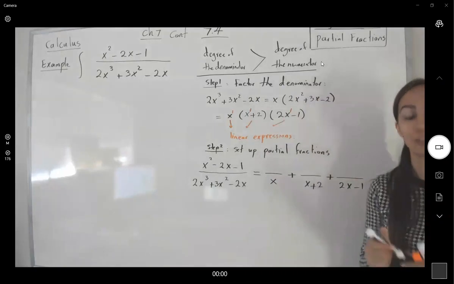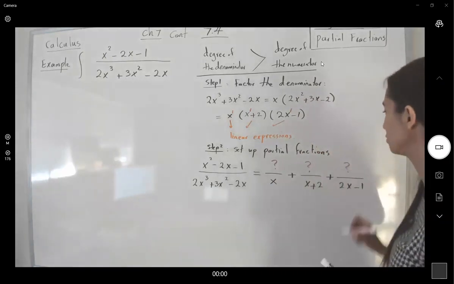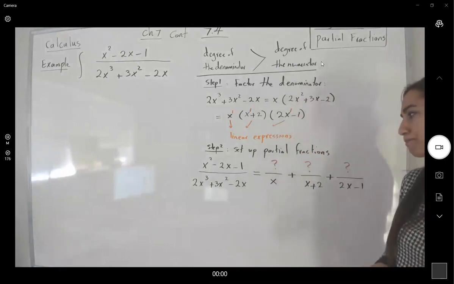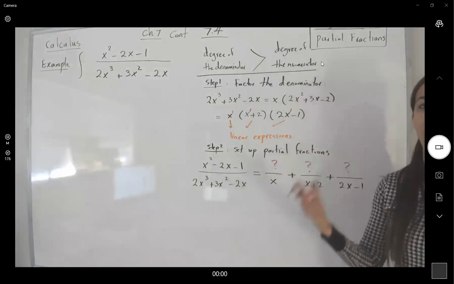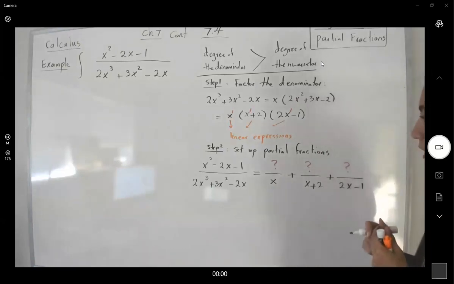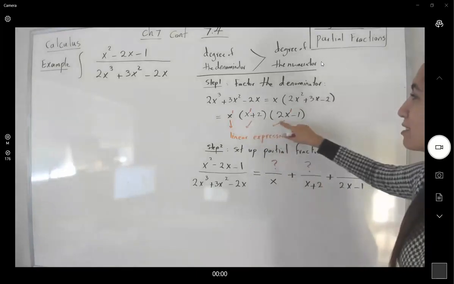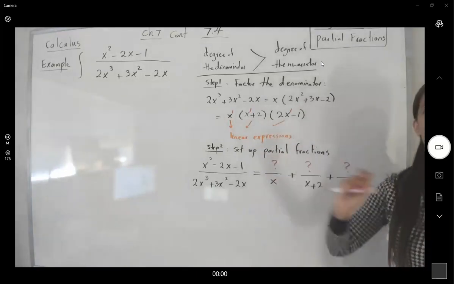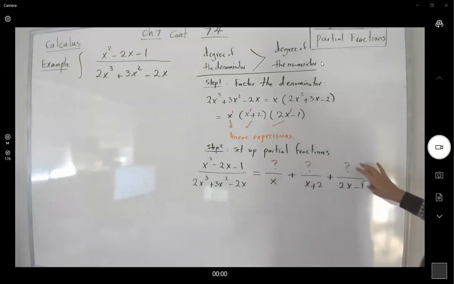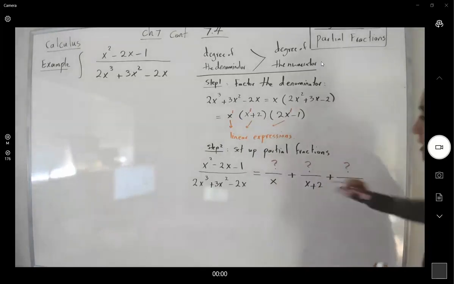But what is the numerator? The first numerator, the second numerator, and the third numerator. So what are those? Do we have any idea? No, we don't know that. And our goal is to find those numerators. Since you have linear expressions without repeating exponents, these linear expressions are separated from each other. So the way that you set your numerators means that you're dealing with constants.